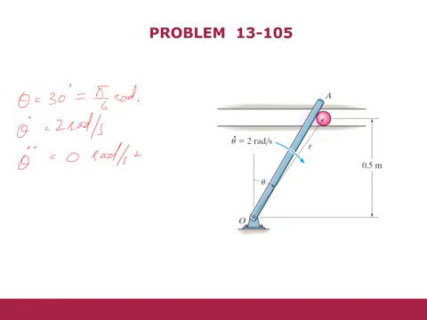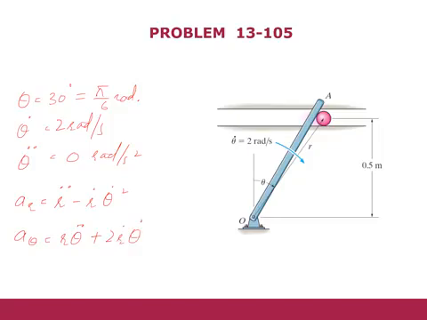Now we know that a_r is equal to r double dot minus r theta dot square. Similarly, a_theta is r theta double dot plus 2 r dot theta dot.